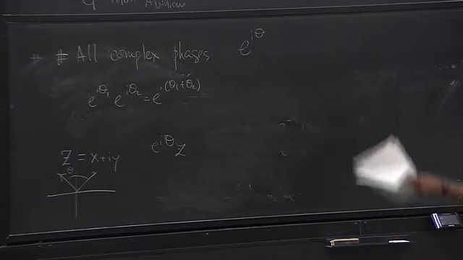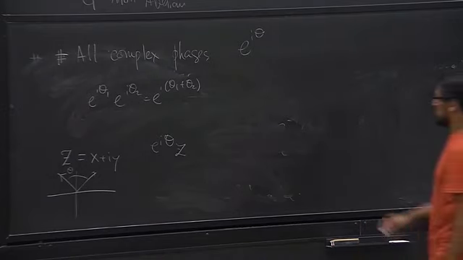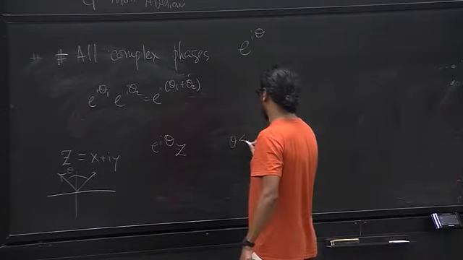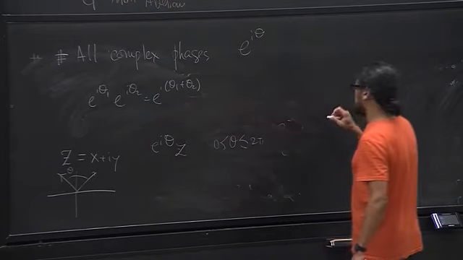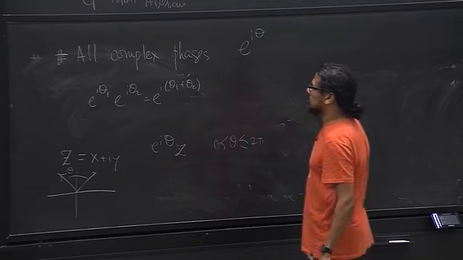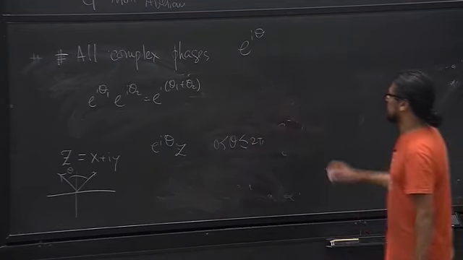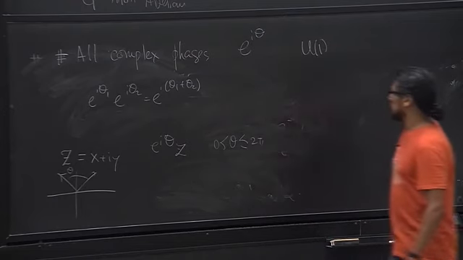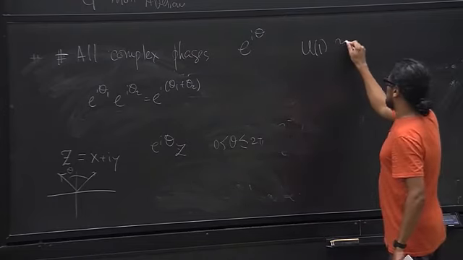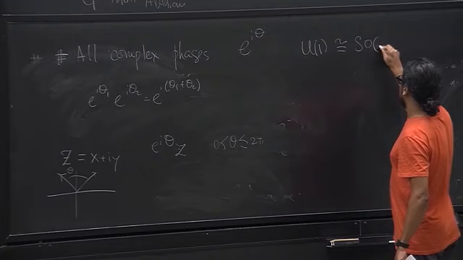So it does exactly what that thing does. And theta, of course, goes from 2 pi to 0. So we can say that the group of complex phases, which form the group U1, is isomorphic to SO2.